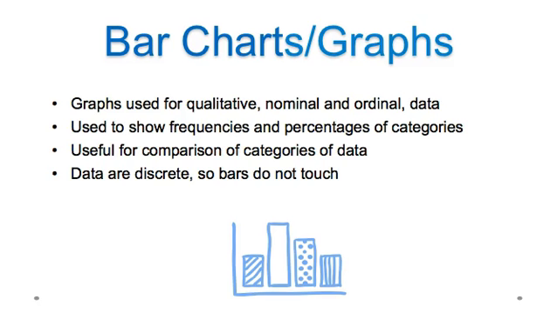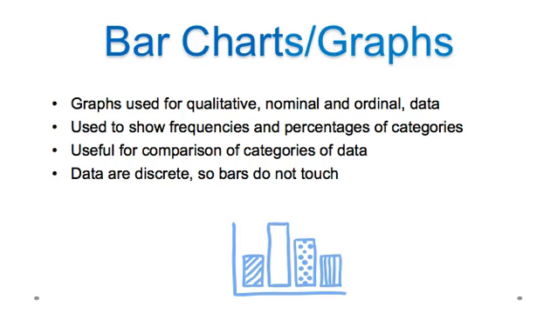A bar graph is constructed by labeling each category of data on a horizontal axis and the frequency or relative frequency of the category on the vertical axis. Remember, the horizontal axis is your x-axis and the vertical axis is your y-axis.